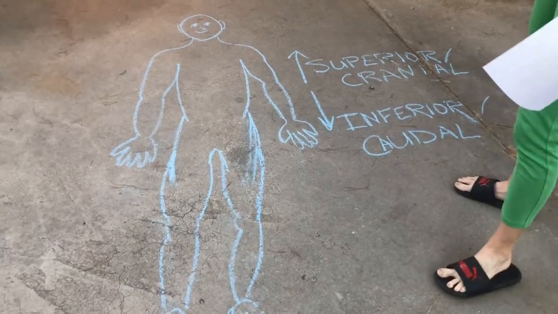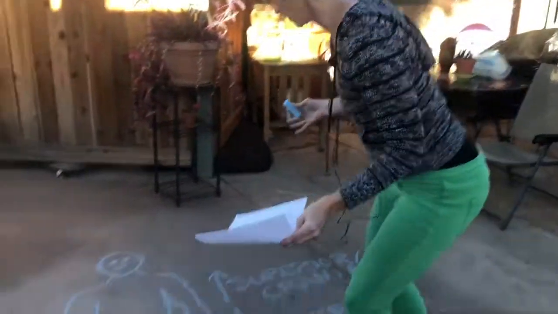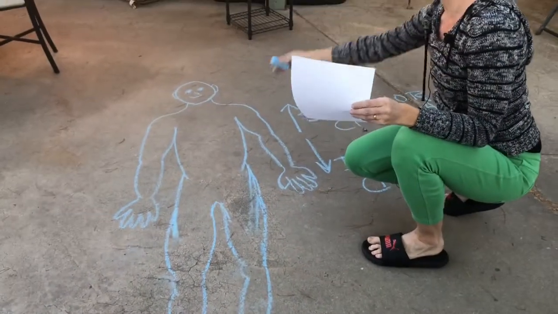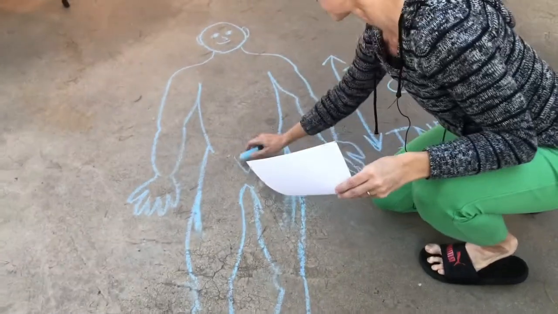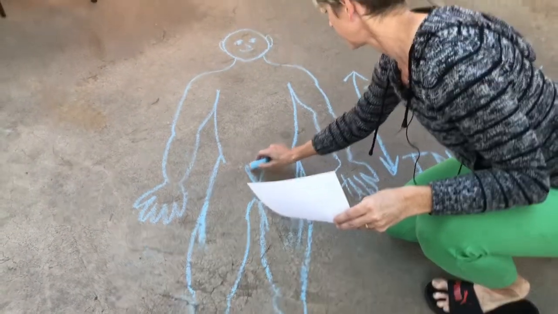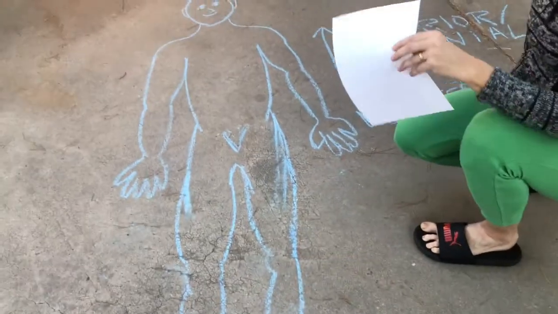So cranial and caudal are similar to superior and inferior. Cranial's toward the head, caudal's toward the tail, referring to like the tailbone. If the coccyx was here in the skeleton, we're moving in that direction for caudal.